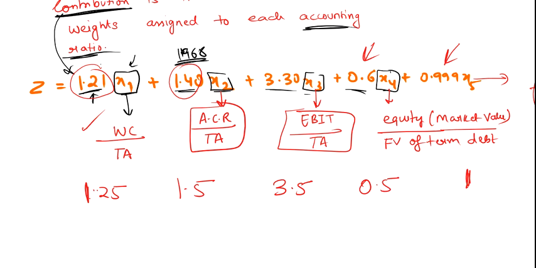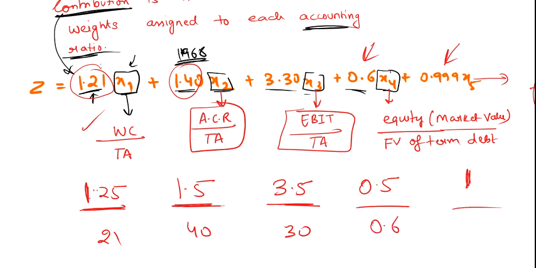On the approximation basis, you can now remember the weights: 1.2, 1.4, 3.3, 0.6, and close to 1, which you can easily remember because it's an MCQ, you don't have to write the numbers. Clear? So this is all about the Z score.